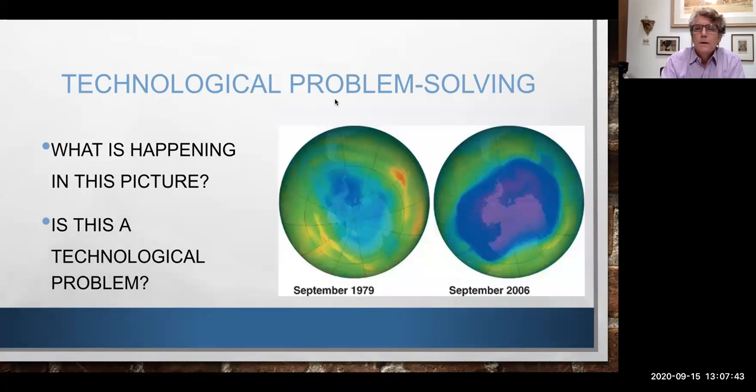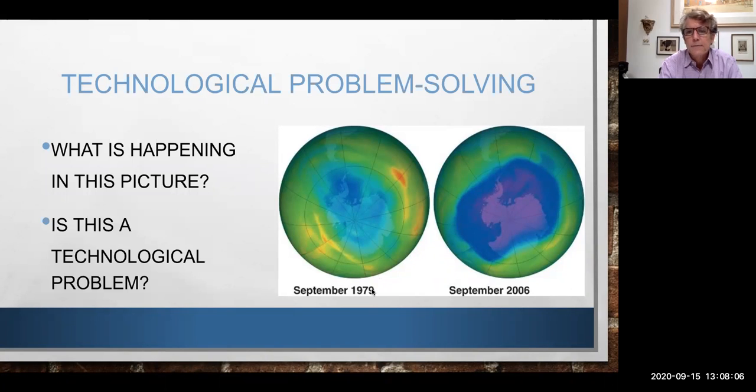Okay, here's an interesting one. What's happening in this picture? Is this a technological problem? There's not a lot of labeling, so it's going to test your memory. And for you guys, this probably happened a while ago. So what this is showing is down on the bottom of the globe at the South Pole. This is Antarctica in here.